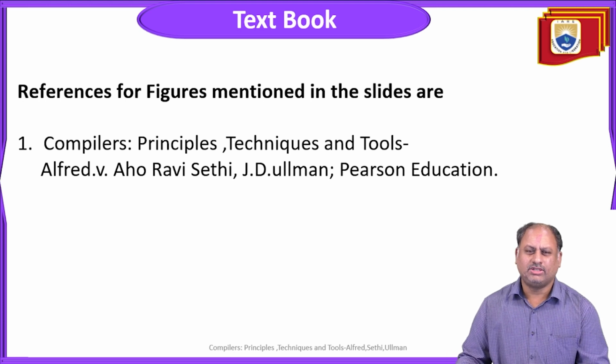In the next class we will come up with automata notations, that is finite automata, non-deterministic finite automata, epsilon moves, and how this expression can be represented in a diagram notation which contains a set of nodes and transitions.